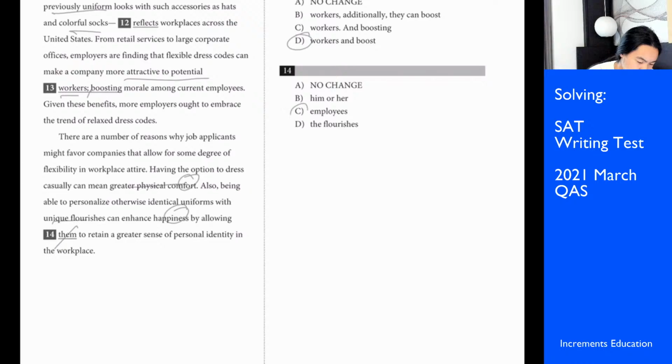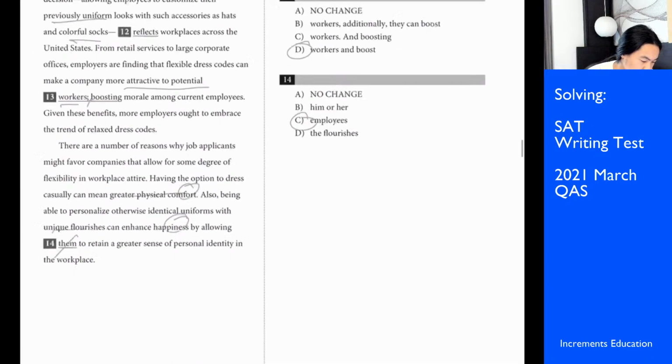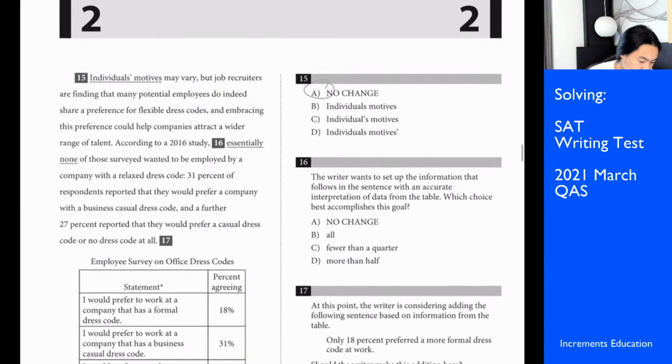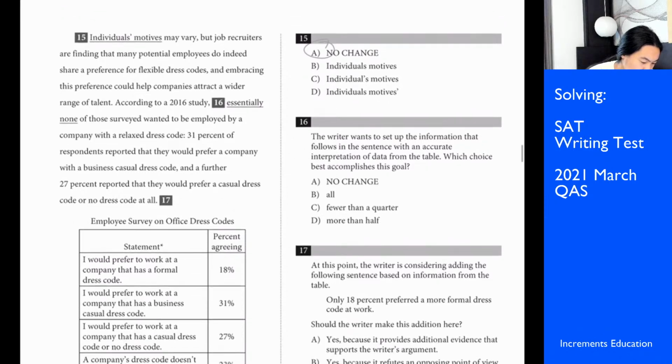We don't know who, so we need to have an antecedent. This makes sense. If I need that. Wanted to be employed by a company with it.